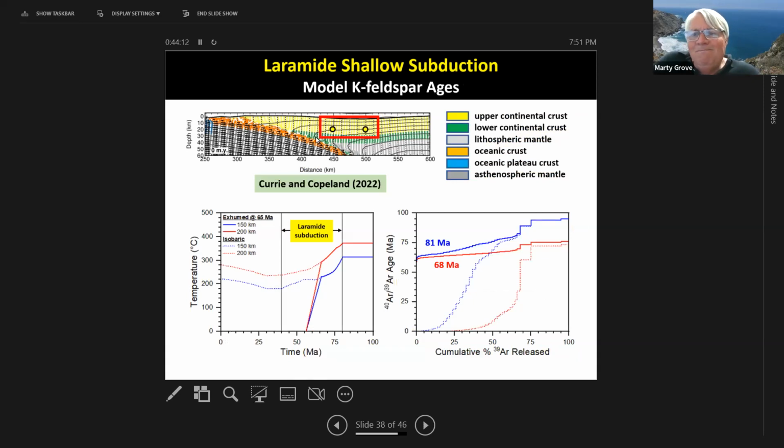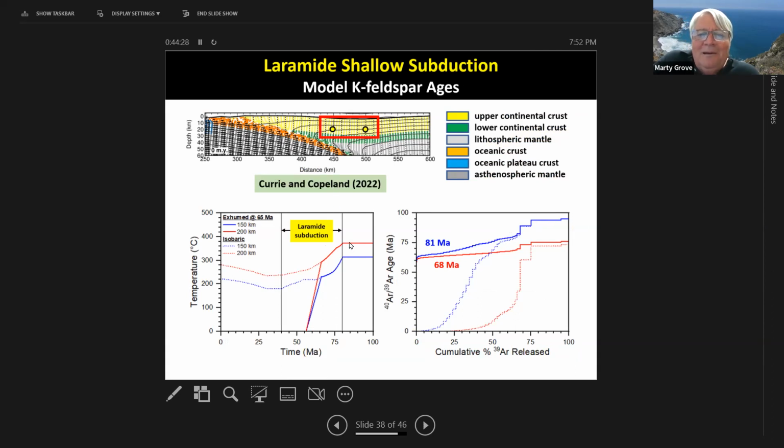And so, just for the sake of argument, I have used the same argon diffusion parameters for both of these circles, so we compare apples with apples.